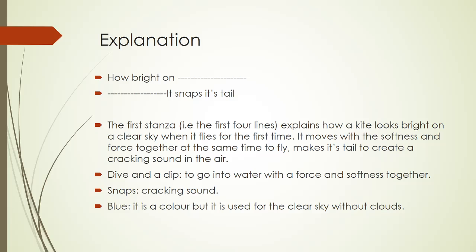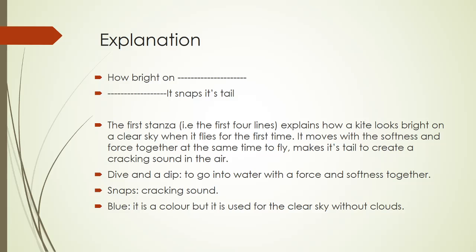When it is moving, it makes a cracking sound, and that sound comes from its tail. I have given you the meanings here. Dive and dip is to go into the water with force and softness together. Snapping means cracking sound, and blue is the color, but it is used for the clear sky without clouds.